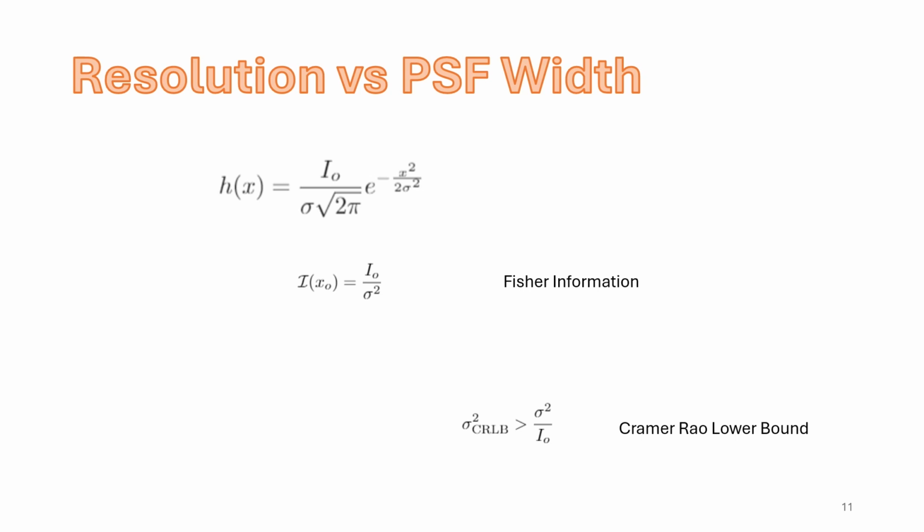In chapter 2, we showed that if we detect a lot of photons, the Cramer-Rao bound for estimation of the position of a point source would decrease in proportion to the square root of the number of photons detected.